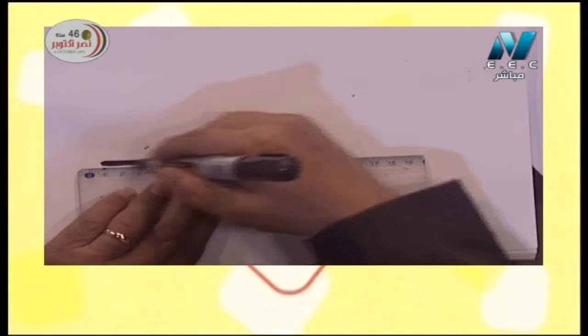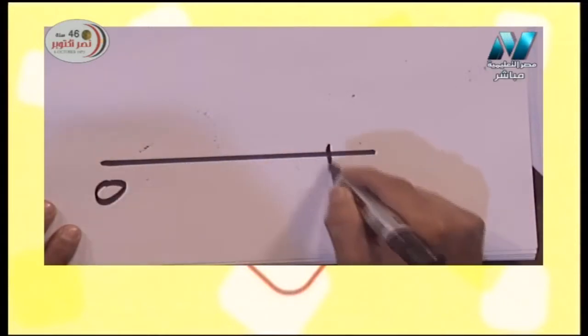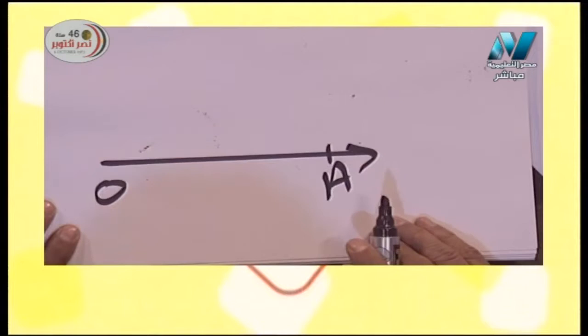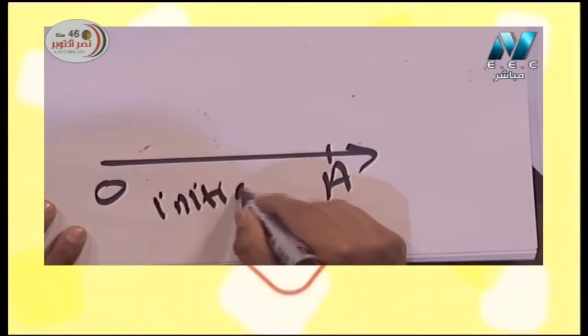What is a directed angle? We just name a ray like that. We call it, as an example, OA, and we call it the initial side.